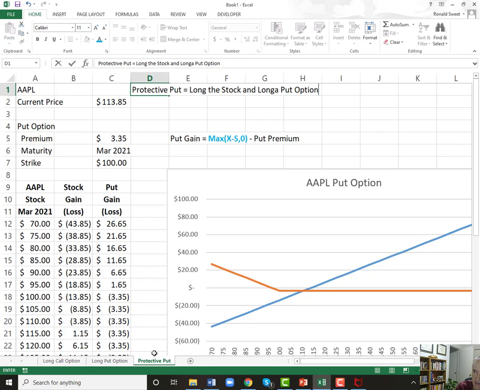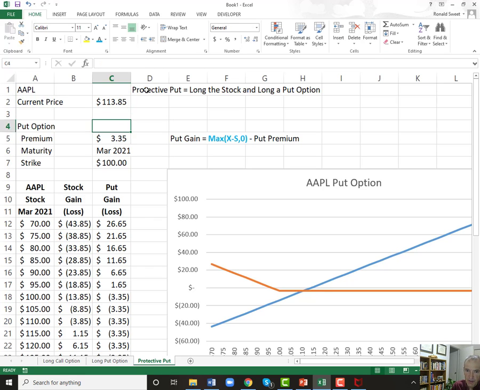So we've got everything set up. So our current price is $113.85. So the put option premium is still the same because we're buying a put just like we did in the previous example. We bought the put.